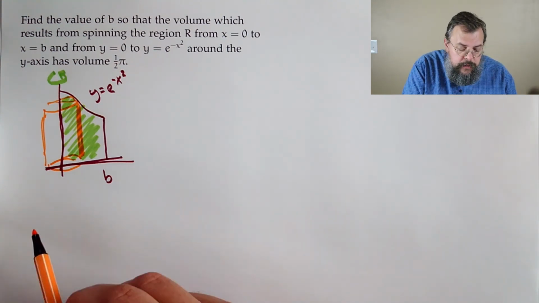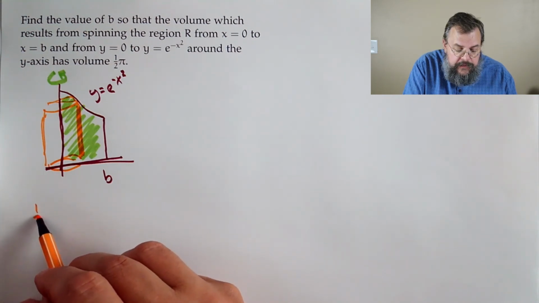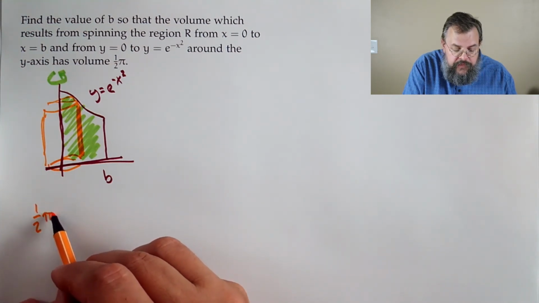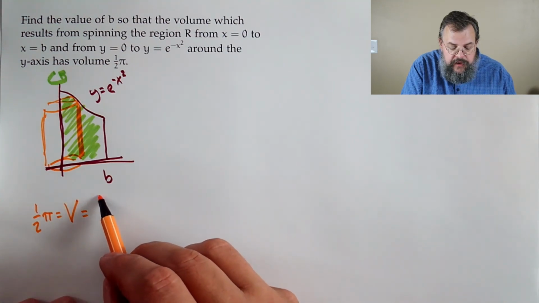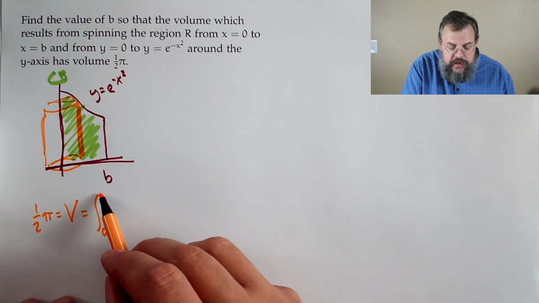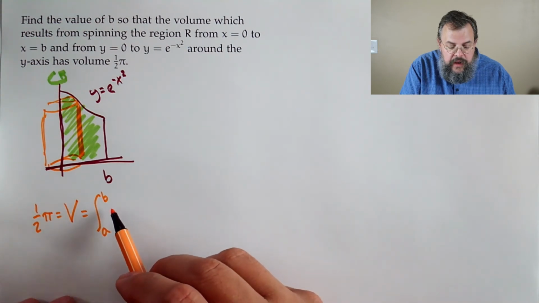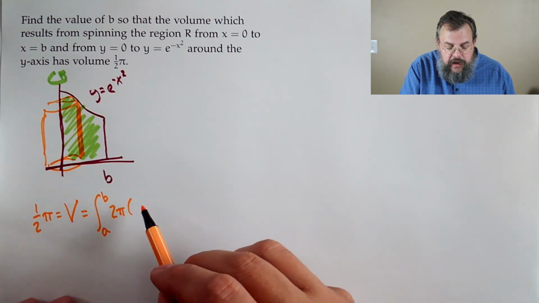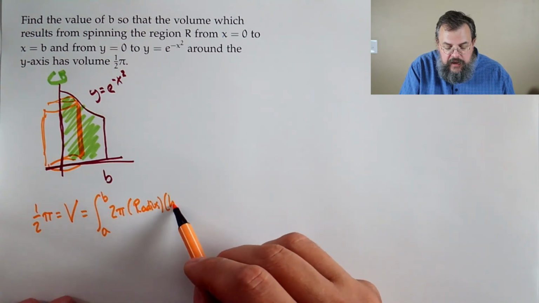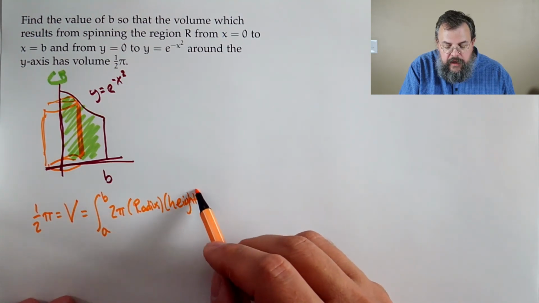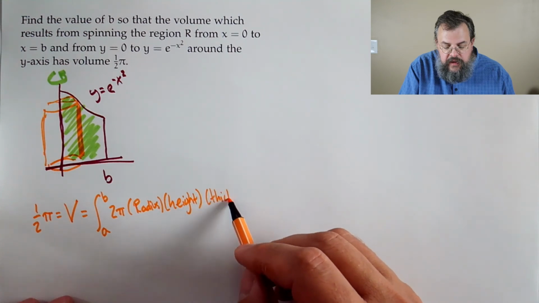So let's see what we have. We have 1/2 pi is the volume, which is a shell method. So start to stop. Then we're going to have 2 pi, our radius, our height, and our thickness.